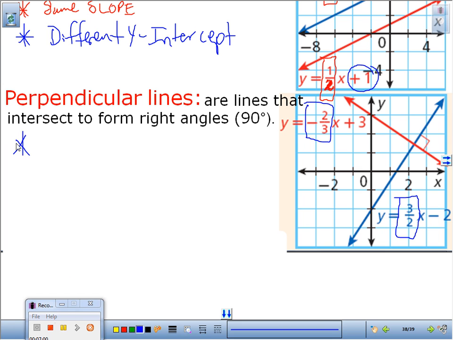Tell your neighbor what you notice from those two things. So I hear a lot of you saying the reciprocal. Okay, that's true so far. That's one thing that they have in common. But the other thing, who noticed this?